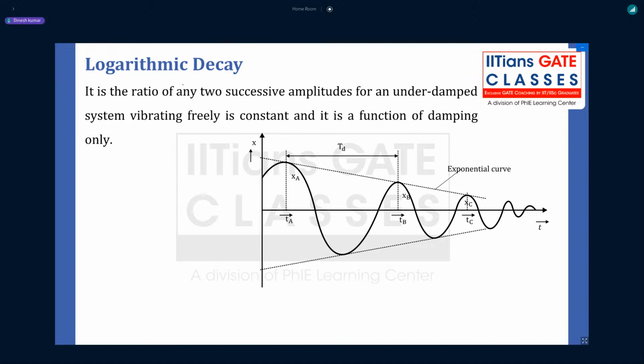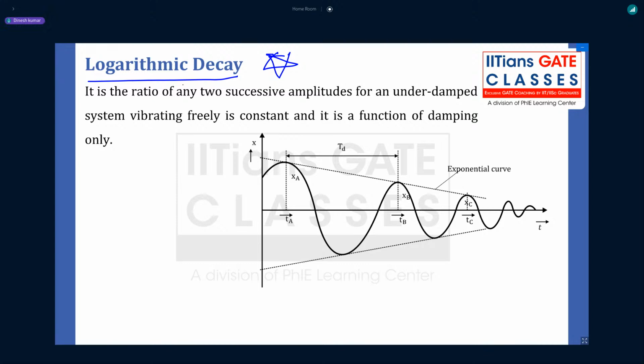Now the next important concept, which is again a very important concept from GATE perspective, is logarithmic decay. So guys, what is the logarithmic decay?